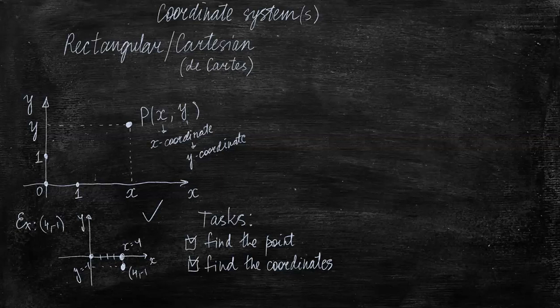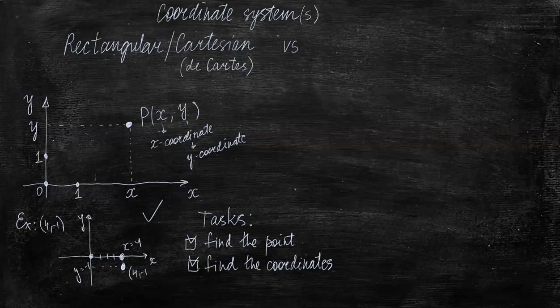However, this is just one coordinate system, and there are many of them. I guess there are many that we can create, but the useful ones are not that many.